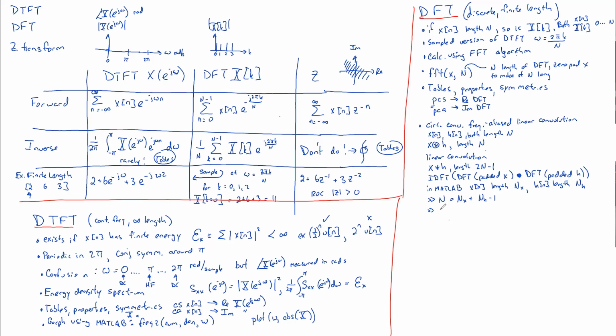And then your output for your linear convolution would be your inverse FFT of your FFT of x, 0 padded to make it N long, dot times your FFT of your h, 0 padded to make it that same N long. And that will give you your y.